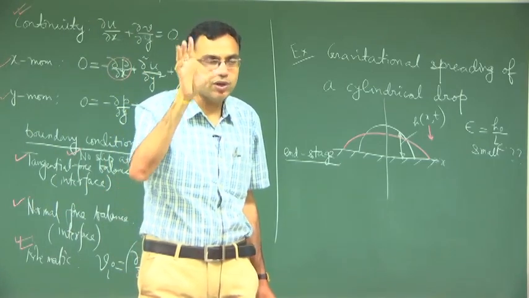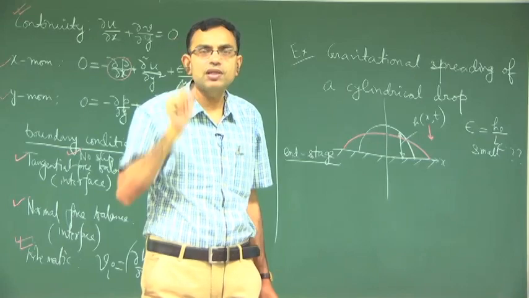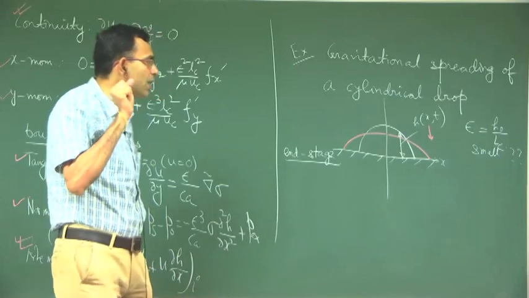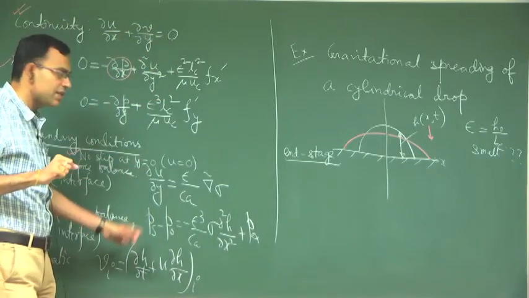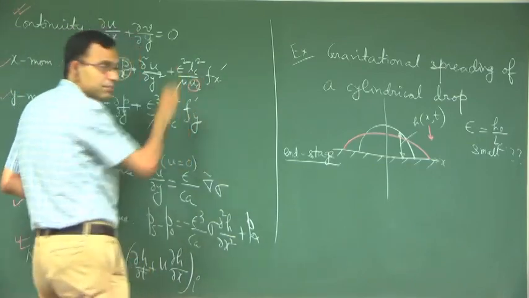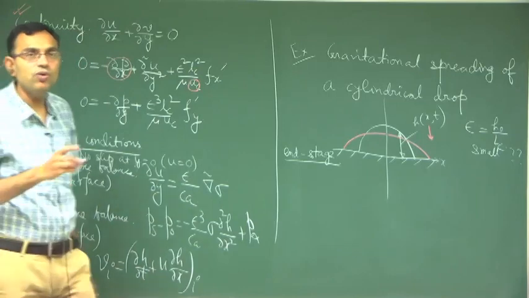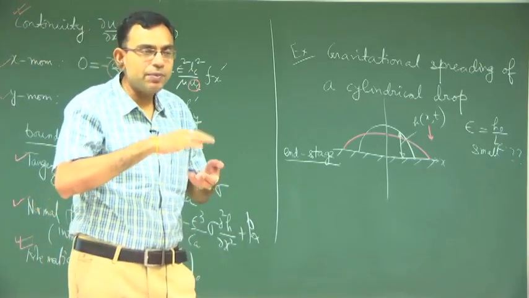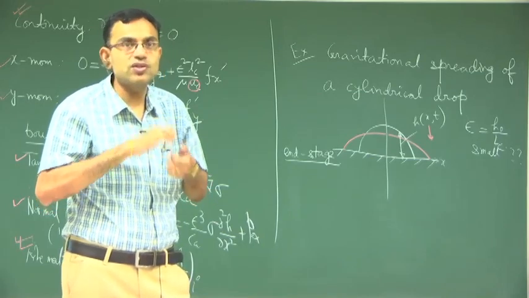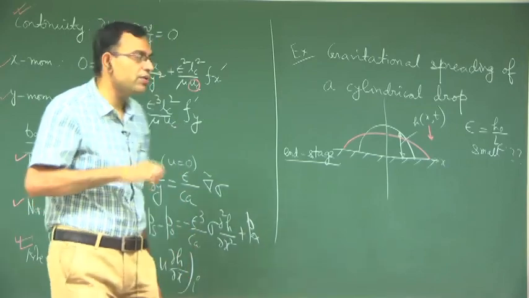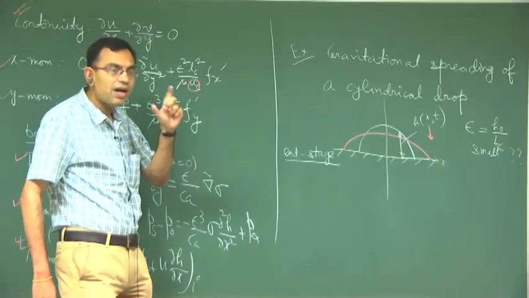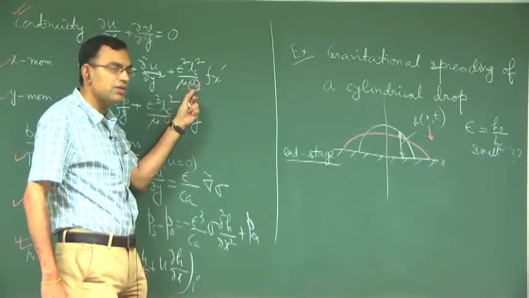We have a thin film equation and we know how to derive it from the first principles, but what is clearly missing is what is UC. As I told you, the mathematics of solving a thin film problem is very structured. What is not so structured is to identify the correct physics based on which you will get this UC.